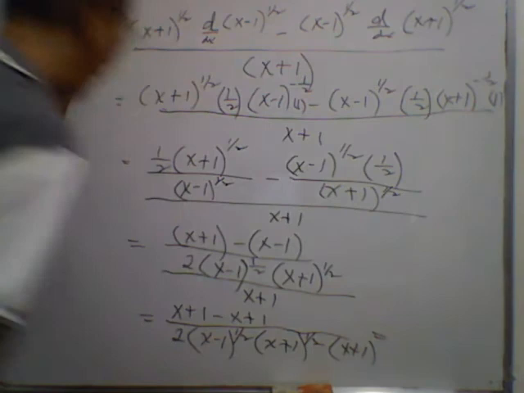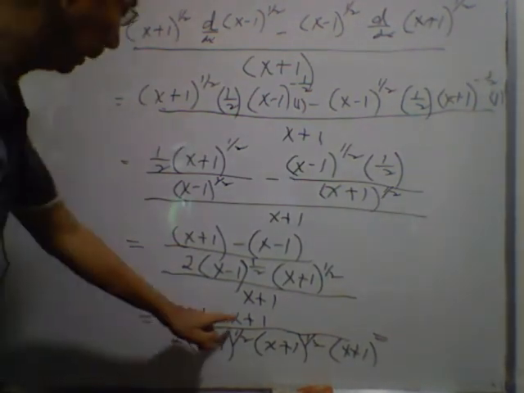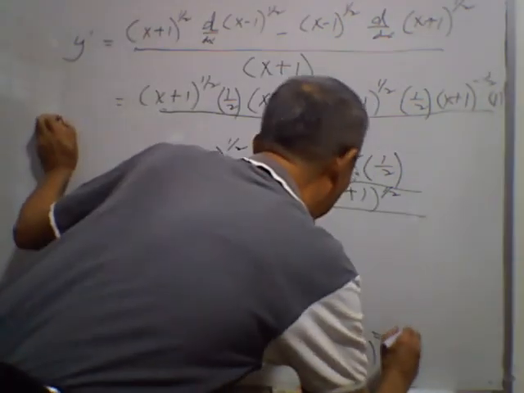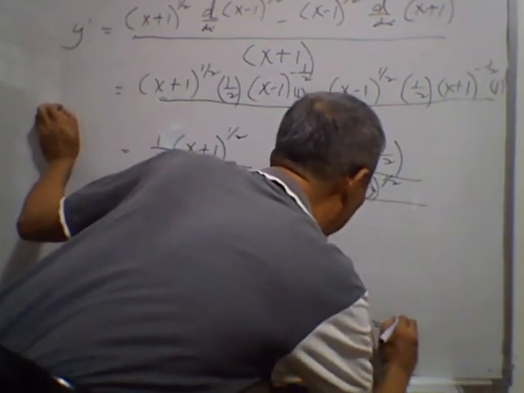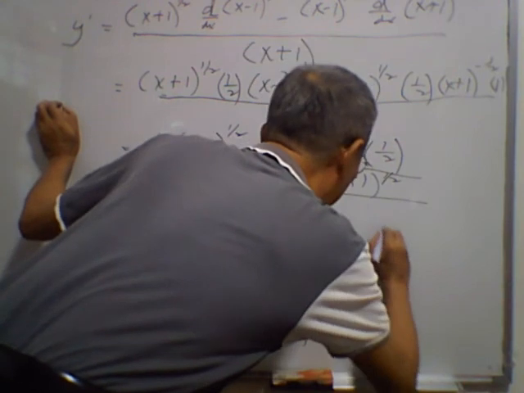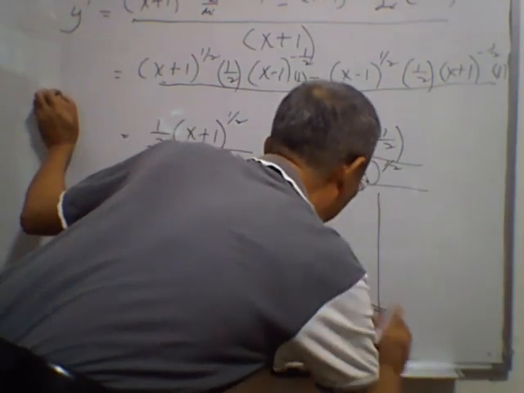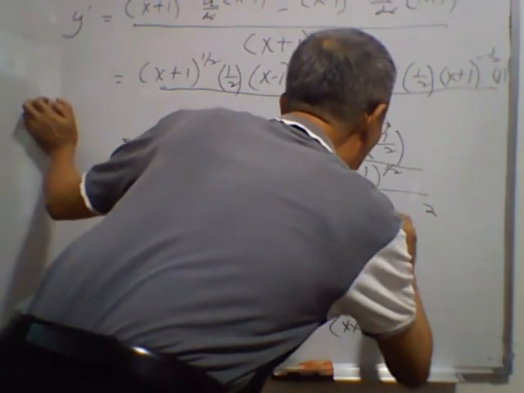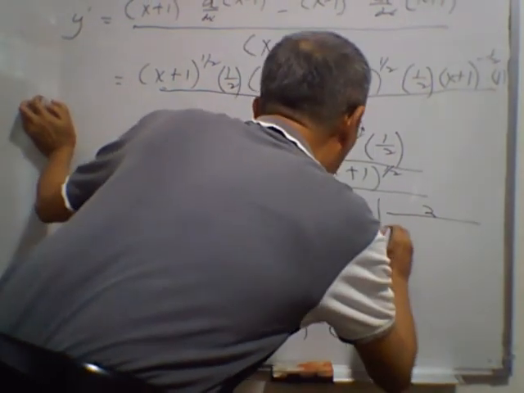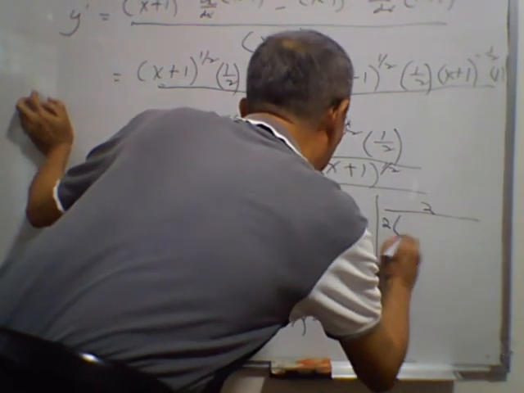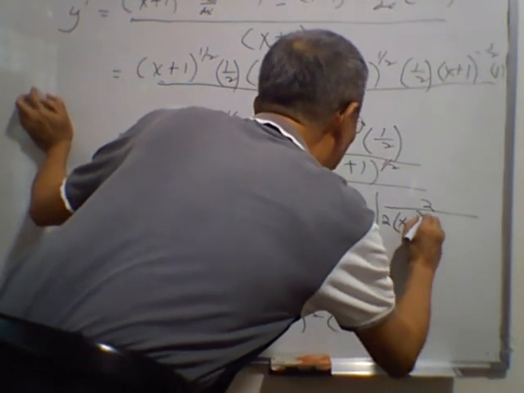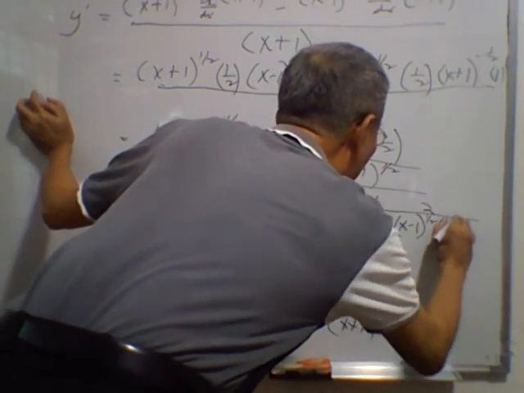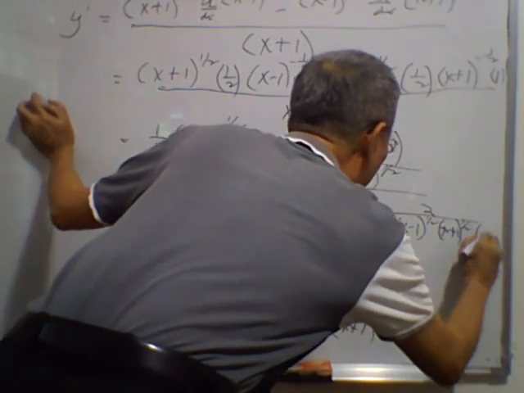So, x plus 1 minus x minus x is equal to 0. 1 plus 1 is equal to 2. So we continue here. We have here 2 over 2 times the quantity x minus 1 raised to 1 half, x plus 1 raised to 1 half, and x plus 1.